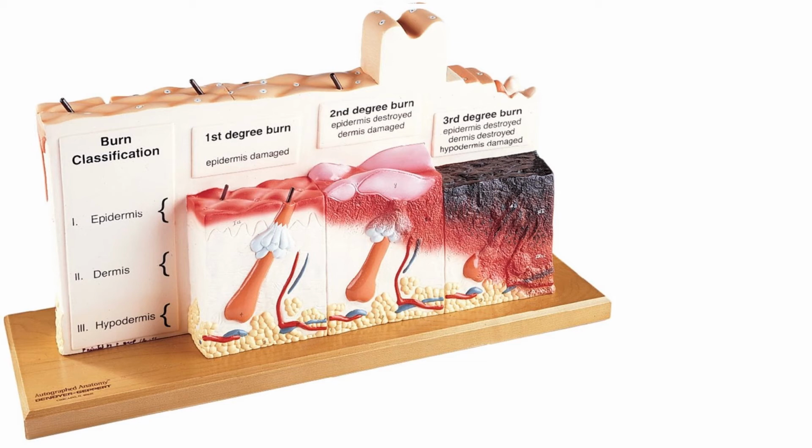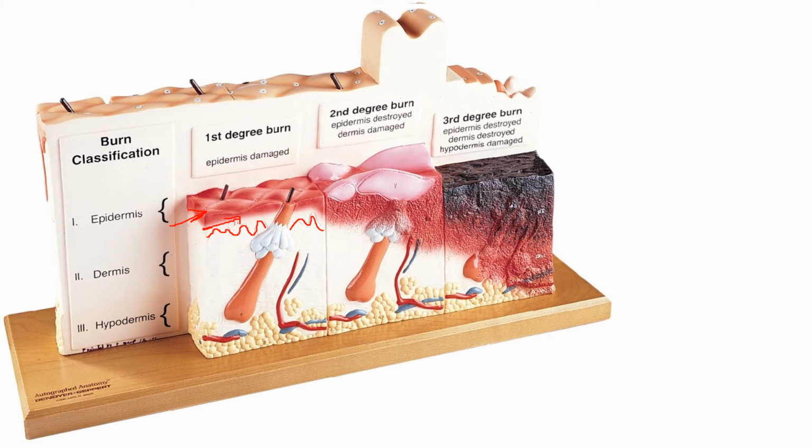Your first degree burn is a superficial burn. It involves the epidermis. So if you look really closely, you can see that this is where the stratum basale is. So in this particular model, the burn is just localized to the epidermis.